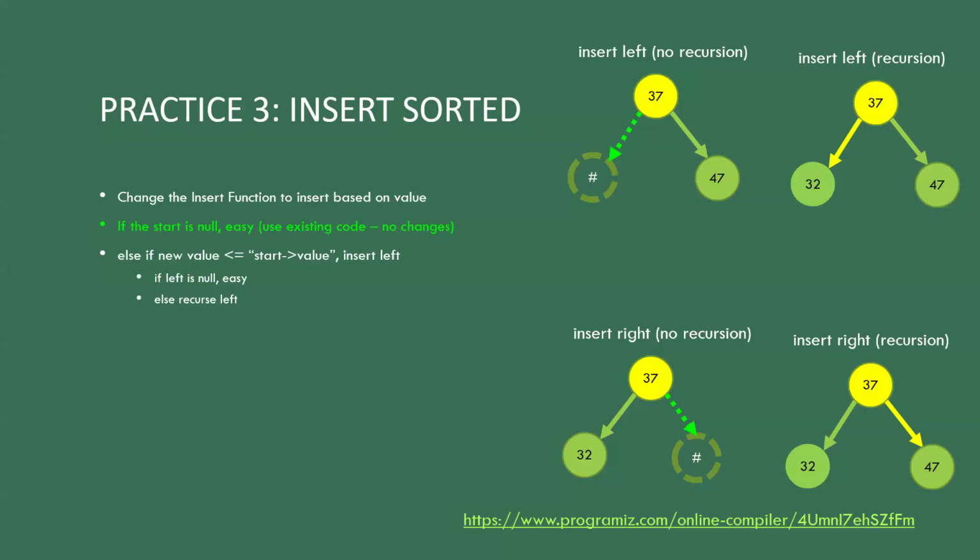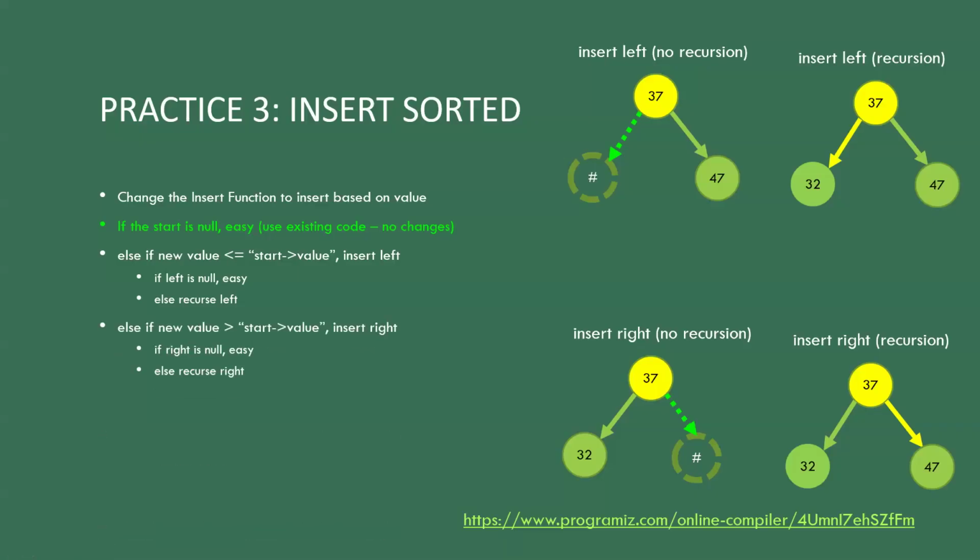Otherwise, if something is already at the head or the root, then if what I want to insert is less than or equal to it, then I'm going to try to insert it left. So in this case, where there's no left child, I just plug it into the left child over here and I'm done, okay? Because it should be less than 37. That's our first case.